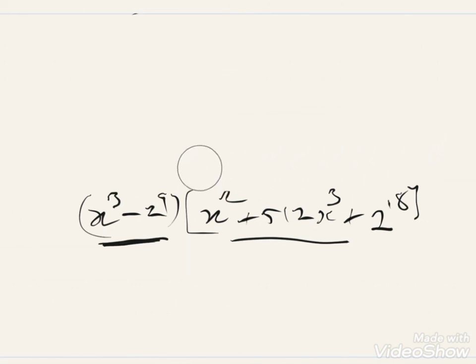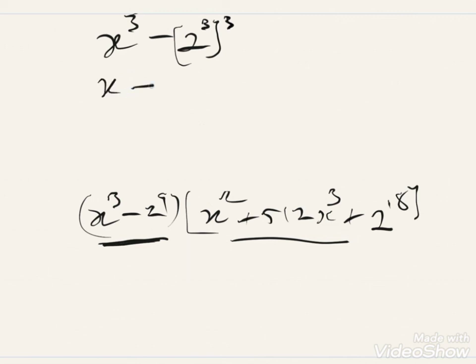Now, s cubed is within s cubed minus 2 raised to the power 3 raised to the power 3, because 3 times 3 is also 9. Now we have the factors to be s minus 2 raised to the power 3 as my binomial factor.